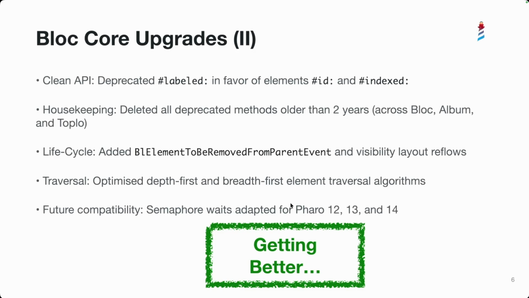For example, we are migrating all the deprecated methods. We are starting to remove them, because the idea of deprecation is that eventually you remove it, not keep older versions forever and ever. And we are improving a lot of the elements behind the scenes of Bloc, especially all the algorithms for traversing the different elements.